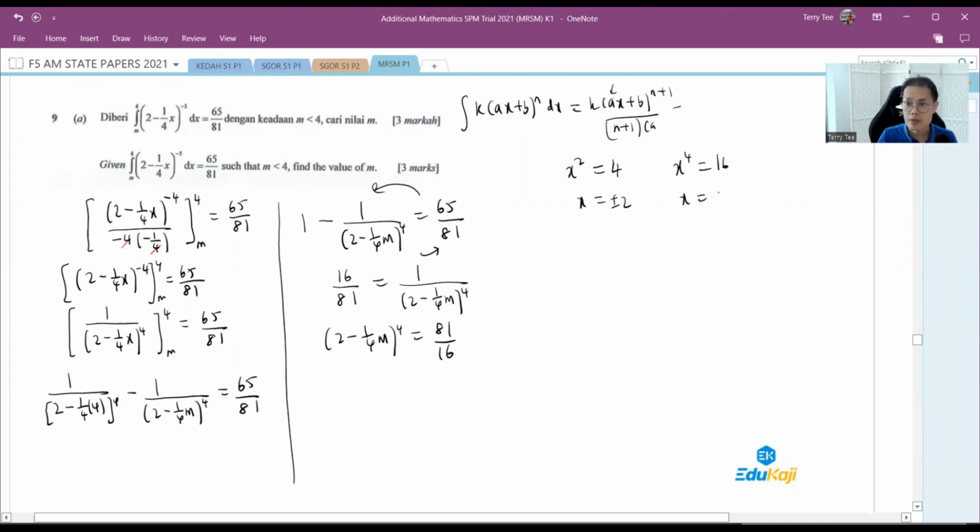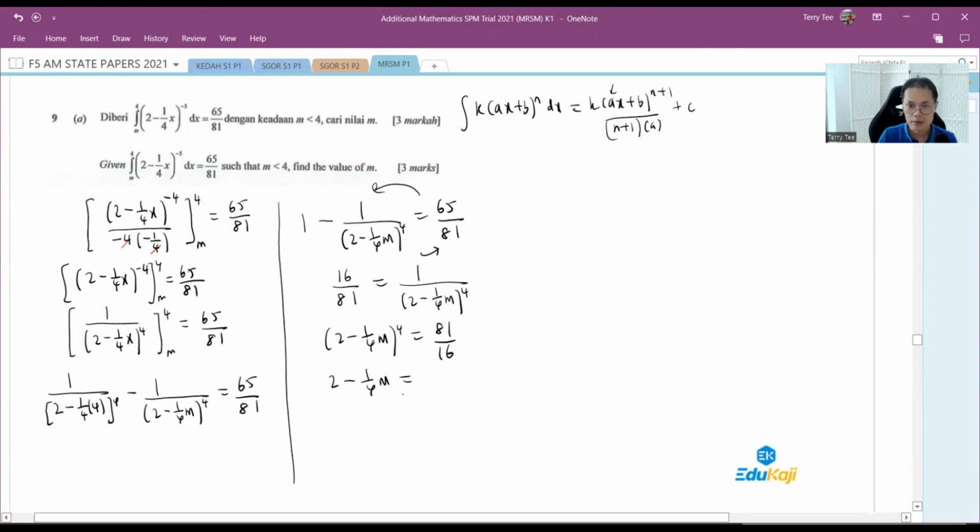So we can't just say it's 2 because -2 power 4 is also 16. 2 power 4 is also 16. For even powers, like power 2, power 4, there are always two answers. There's always a plus minus because -2 power 4 is also positive. Positive 2 power 4 is also positive 16. They are both positive 16 the moment you power it. So because of that, you need to work this out separately.